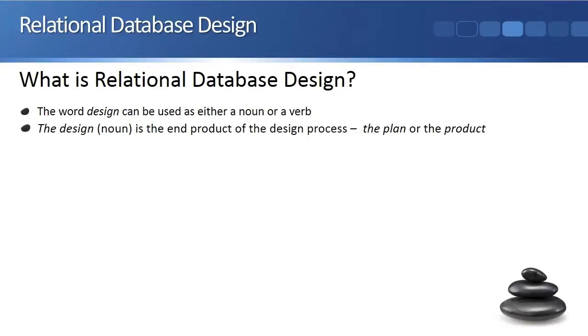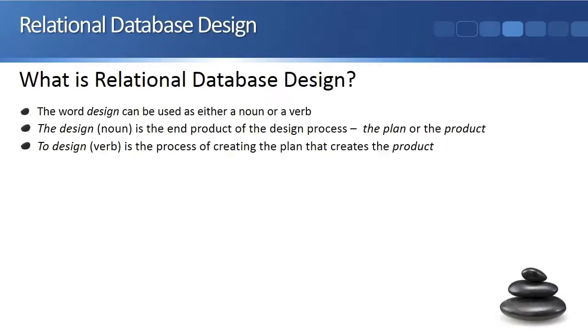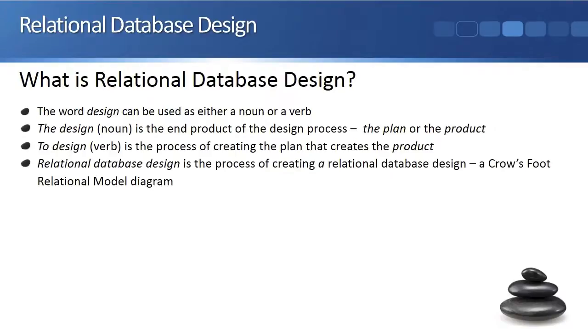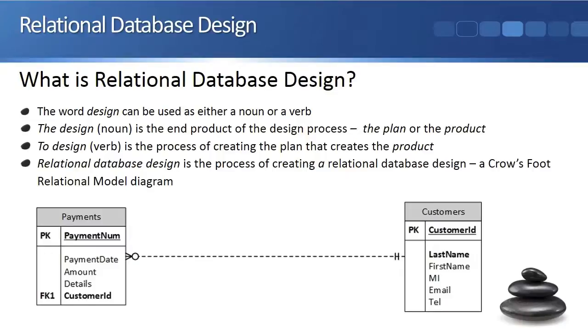The design is the end product of the design process, and is either the plan or the actual manifestation of the product or artifact you are creating or trying to create. To design is the process of creating the plan that creates the product or artifact. Relational database design, therefore, refers to the process of creating a relational database design, which is presented in the end as a crow's foot relational model diagram.